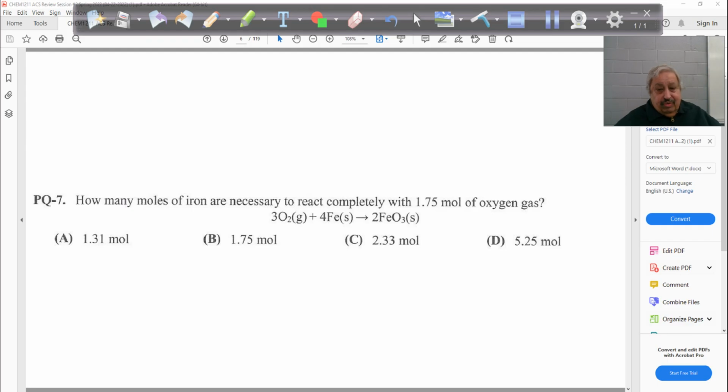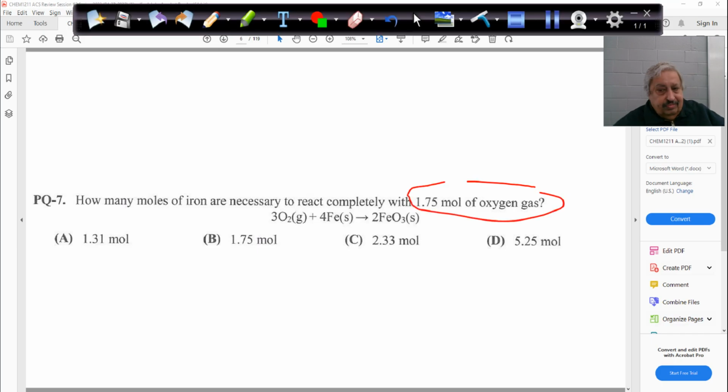As oxygen is reacting completely, that's the limiting reactant, and the iron is in excess. So how do I solve those problems? Well, you always start with whatever is given to you. That's the key. Given to you is this one here, correct? And asking for iron, that makes sense, or the product, whatever it is.